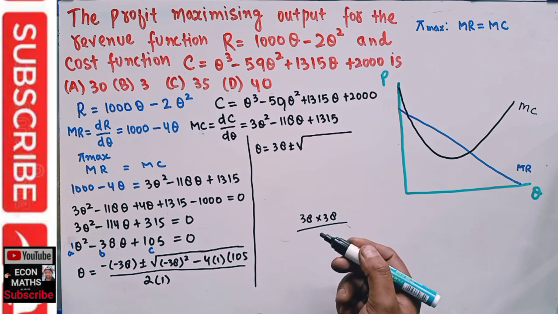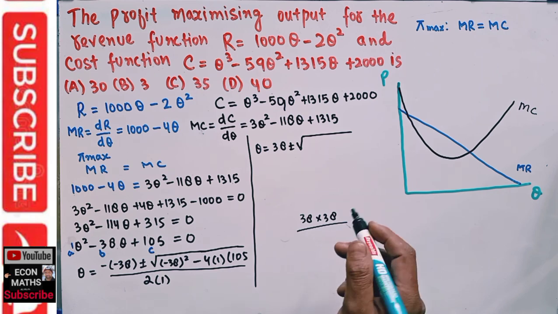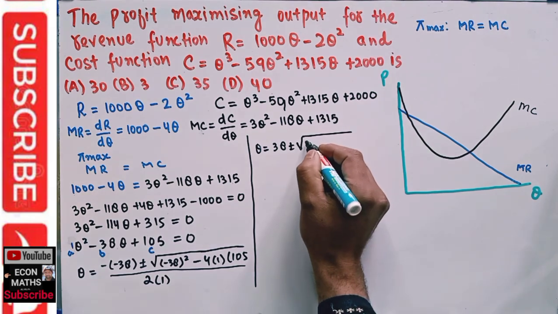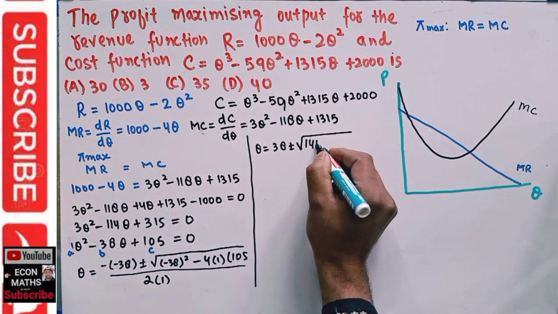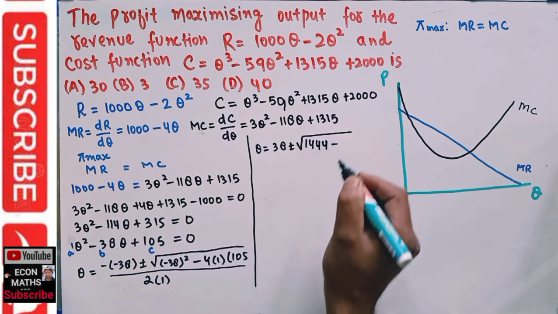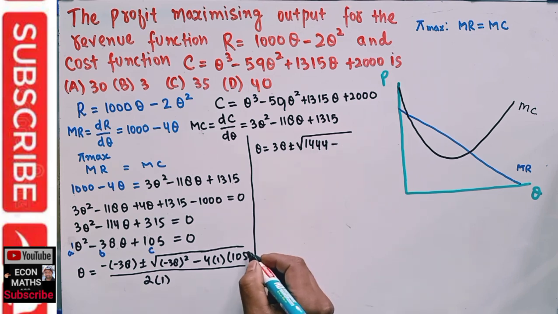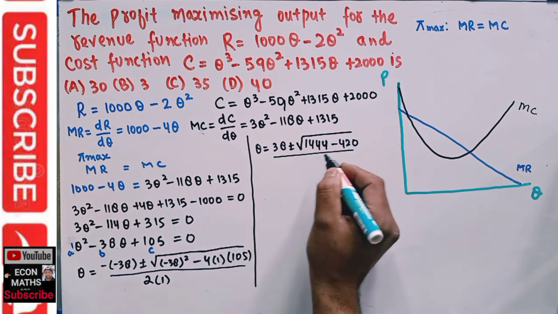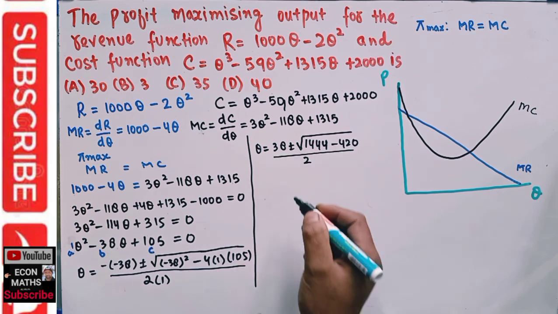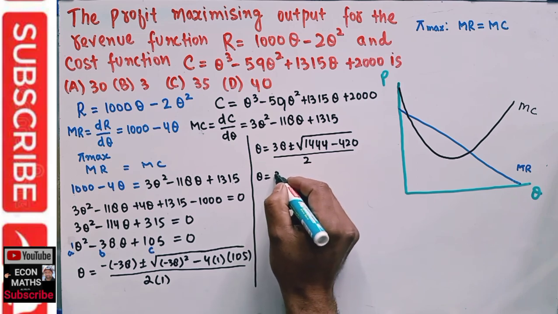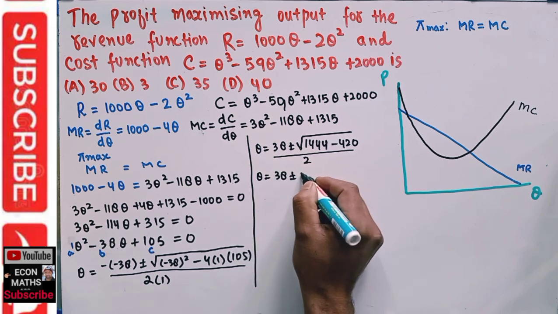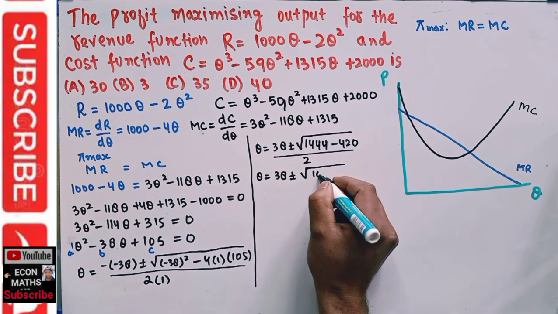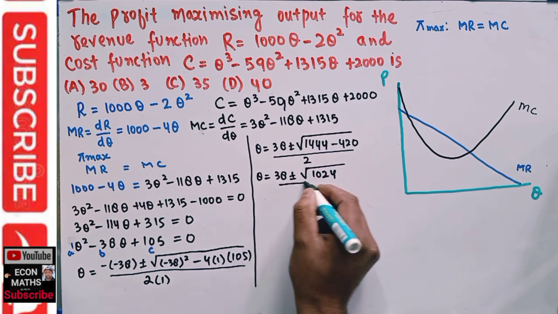I don't have the calculator here, but it comes out to be 1444, minus 4 into 105, which is 420, divided by twice a. 2 into 1 is 2, so Q will be equal to 38 plus minus the square root of, subtracting 420 from this, 1024, divided by 2.